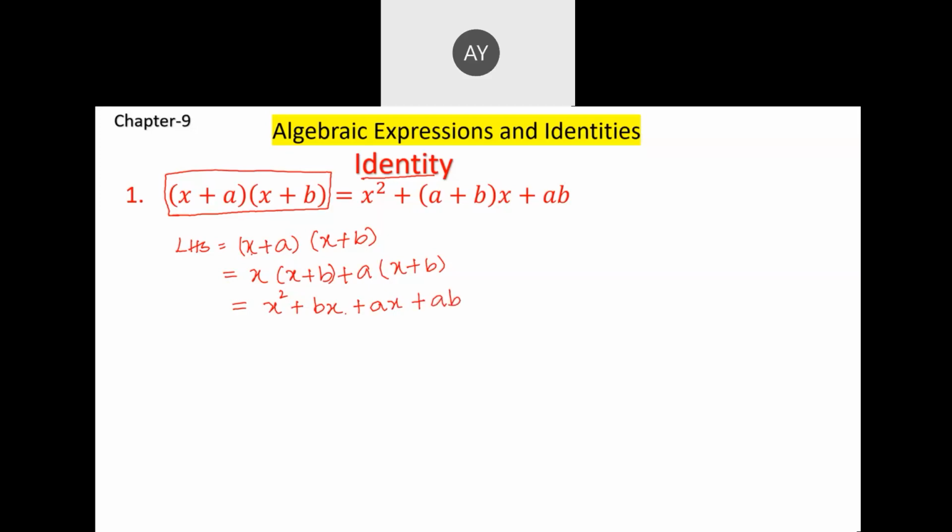Now we have to take x common and rearrange them, first as ax plus bx plus ab. This will be x square plus a plus b times x plus ab. This is the right hand side. We have used this identity in solving a few questions.